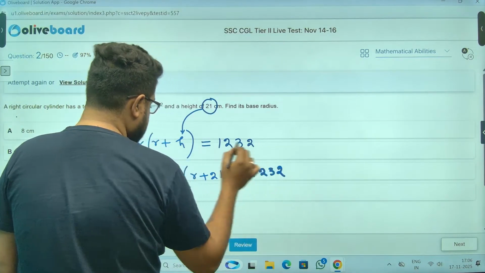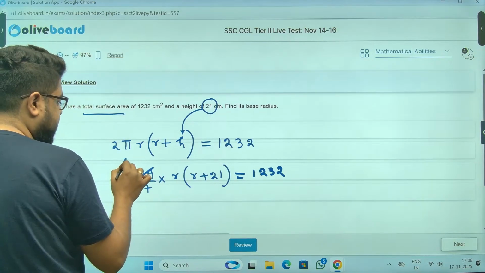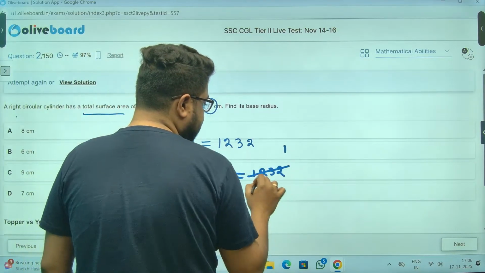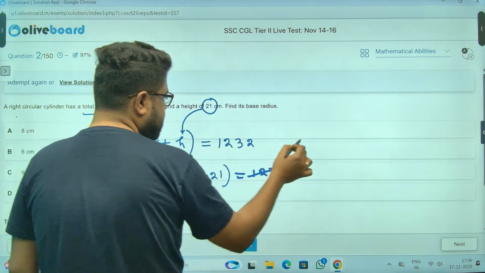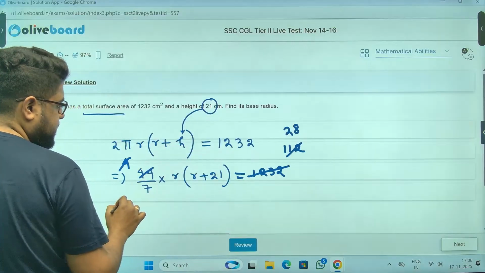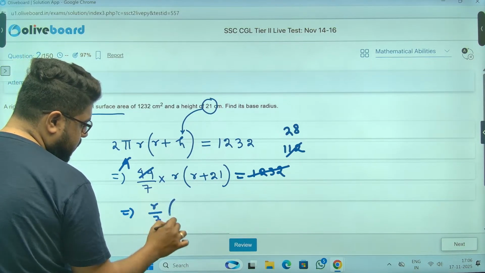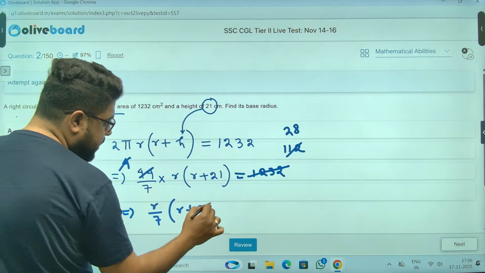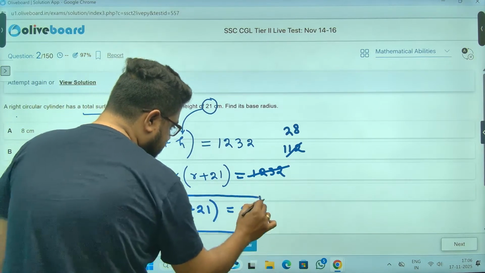So 44, let's divide by 11 first. 11 ones are 11, 11 twos are 22, and 4 by 4 is 28. So we get r by 7 into r plus 21 equal to 28. This will be a quadratic, but don't solve it, put values.